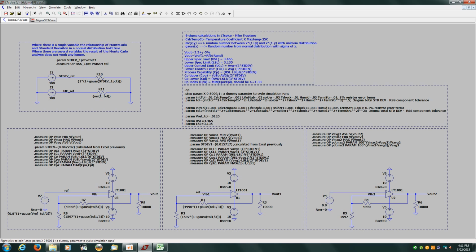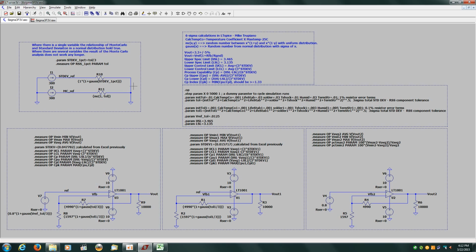If you go through the data sheet on a resistor, you'll find all of these error terms and what values to use for each. And when you take the square of the sum of all of those terms and then take the square root, assuming a normal distribution, you end up with a 3 sigma of the standard deviation. So when you do this RSS calculation, that's what you will end up with.